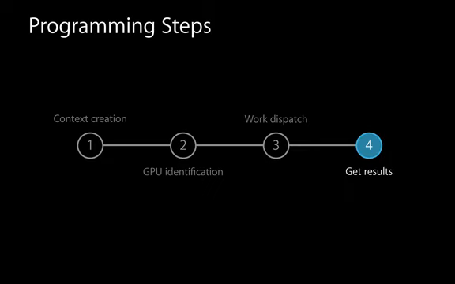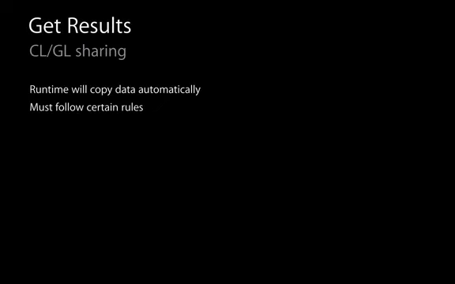In an OpenCL application, if you are doing CL-GL sharing, you might end up sending the results from the secondary GPU to the primary GPU in order to render them. Or you might download the results from the secondary GPU to host memory if you were working on something that wasn't related to rendering or to display. Either of those techniques are possible.